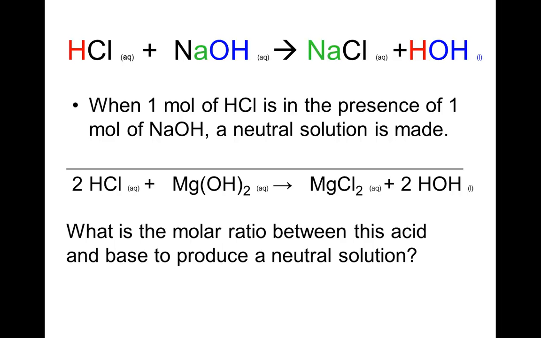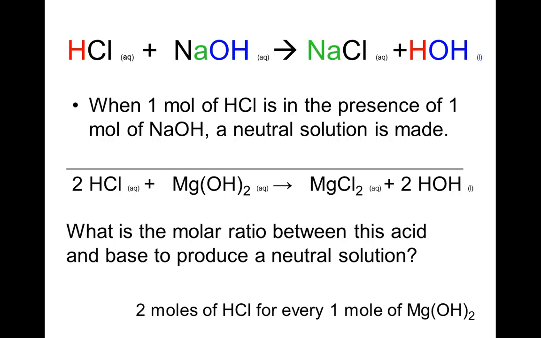Now remember, in our HCl and sodium hydroxide situation, for every 1 mole of HCl, we needed 1 mole of sodium hydroxide. In this case, for every 2 moles of hydrochloric acid, we need 1 mole of magnesium hydroxide. So we're going to be using these molar ratios, doing a little bit of stoichiometry to help us determine unknown concentrations.